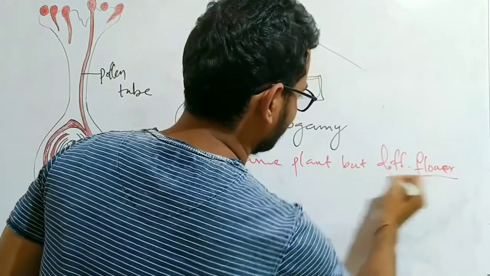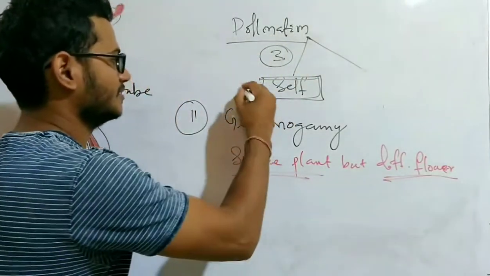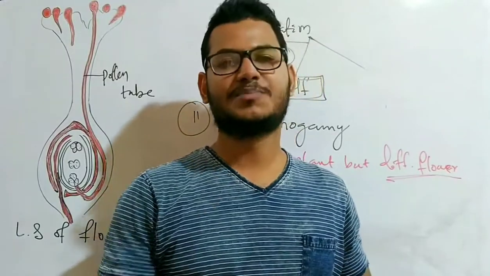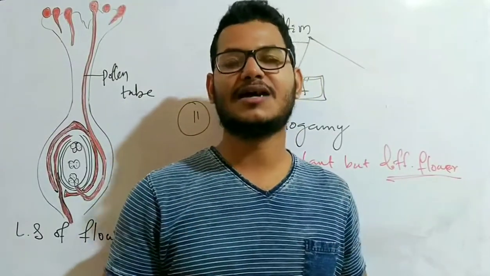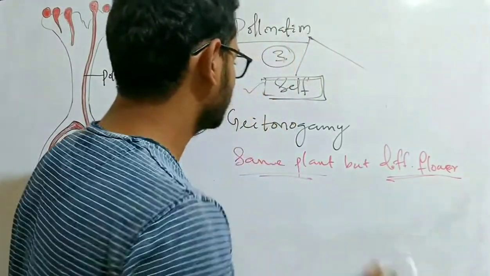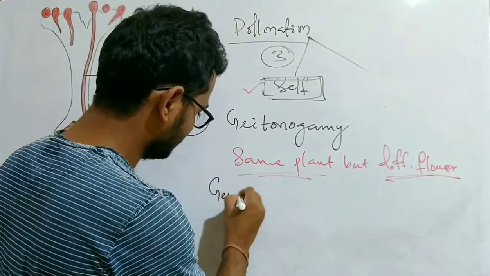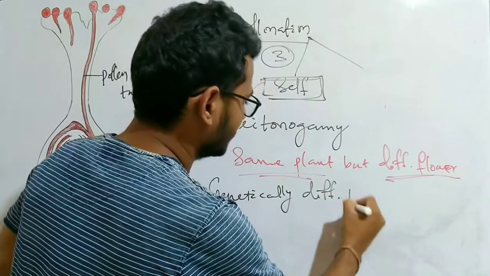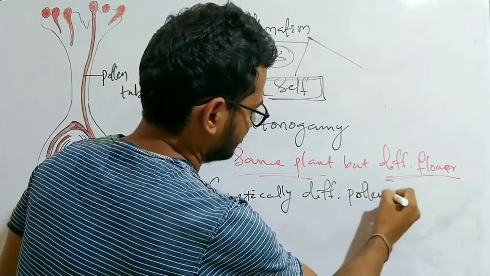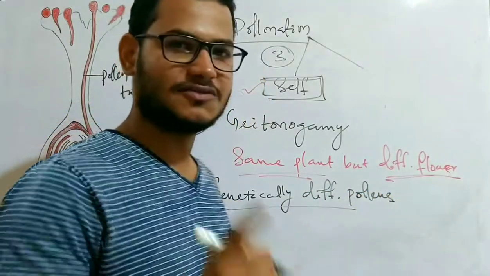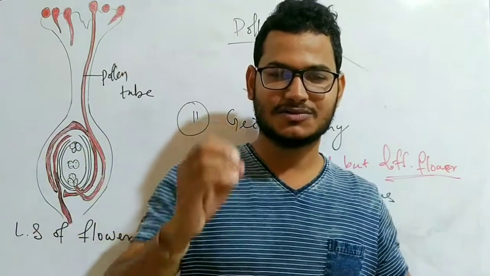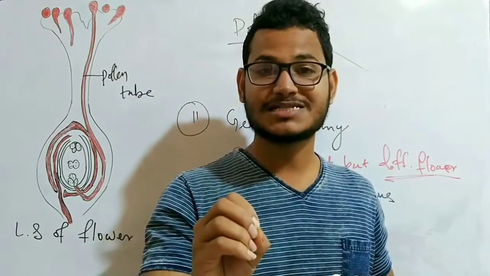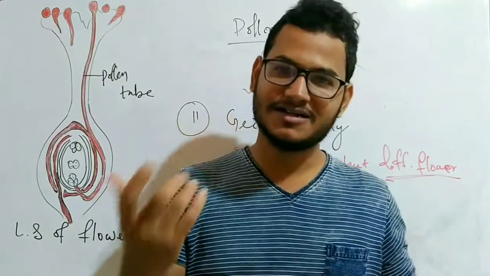The flower is different, but the plant is the same, so it is also a type of self-pollination. This brings genetically different pollen grains onto the stigma, because the flowers are different. So here genetically they are different, the male and female parts are different.